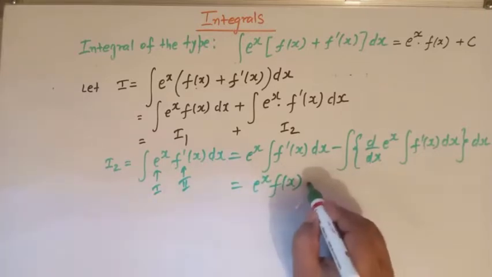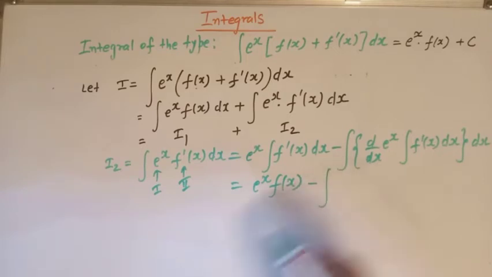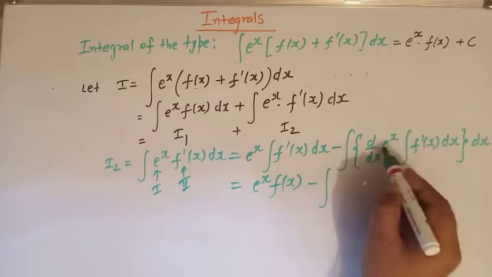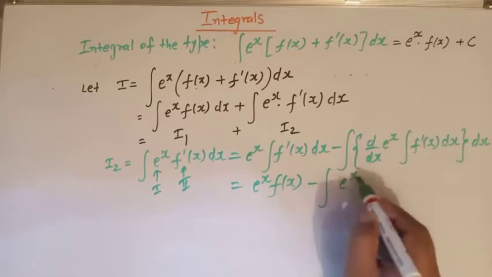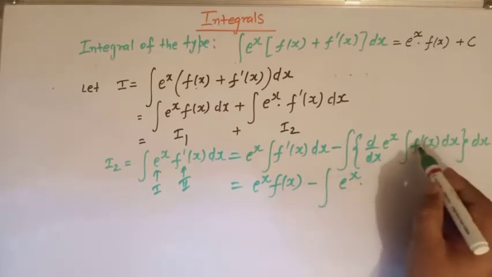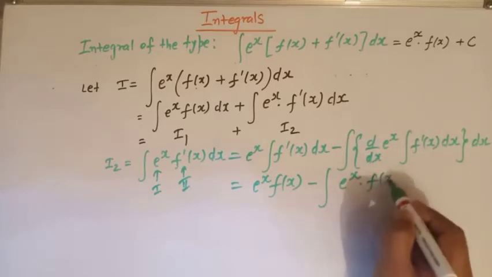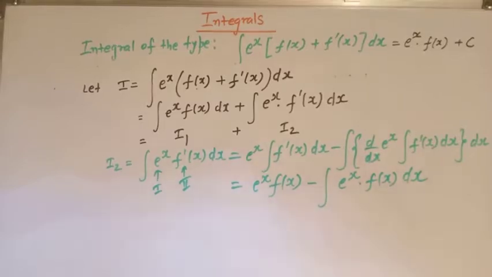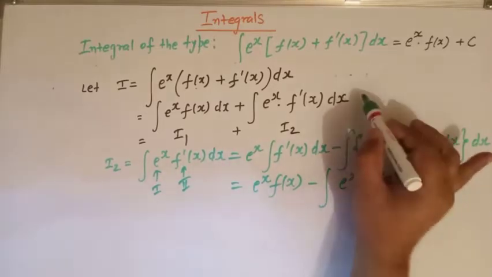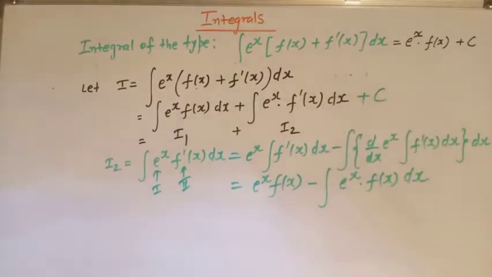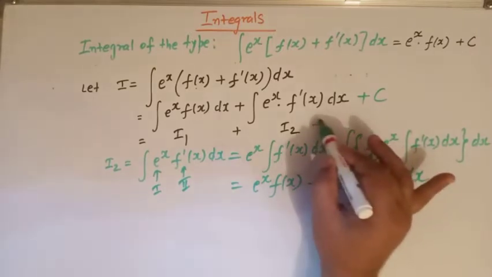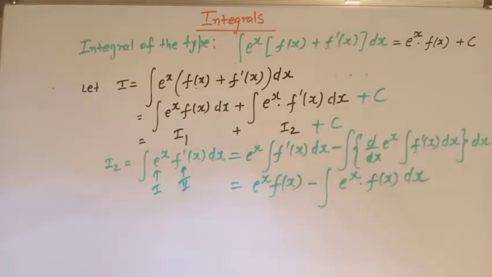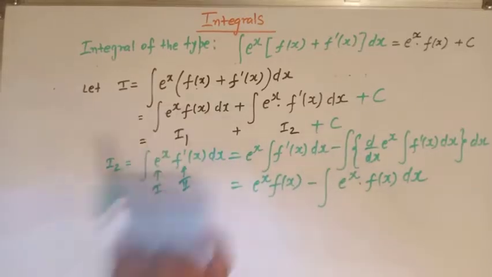Now minus this integral, and the derivative of e raised to x is e raised to x, and the integral of the derivative of f is the function itself, so we have the integral of e raised to x f of x dx. Clear? So here we can write the constant of integration as plus c. Here also we can write the constant of integration as c. Clear? Okay.